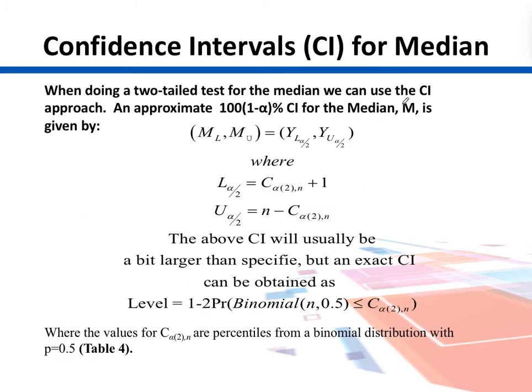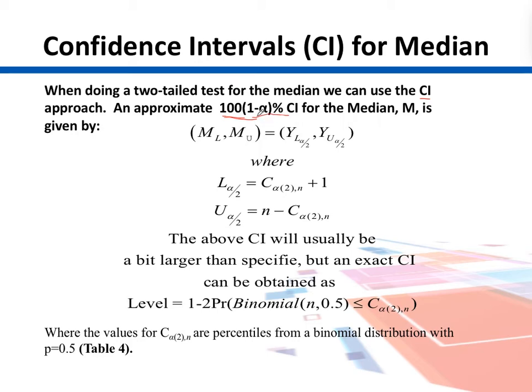To test for the median, we can use the confidence interval, or CI, approach, an approximate 100 times (1 minus alpha) percent. This is the generic form. Whatever your alpha is, the confidence interval is 1 minus alpha times 100 percent. So if your alpha is 5%, your confidence interval is 95%.